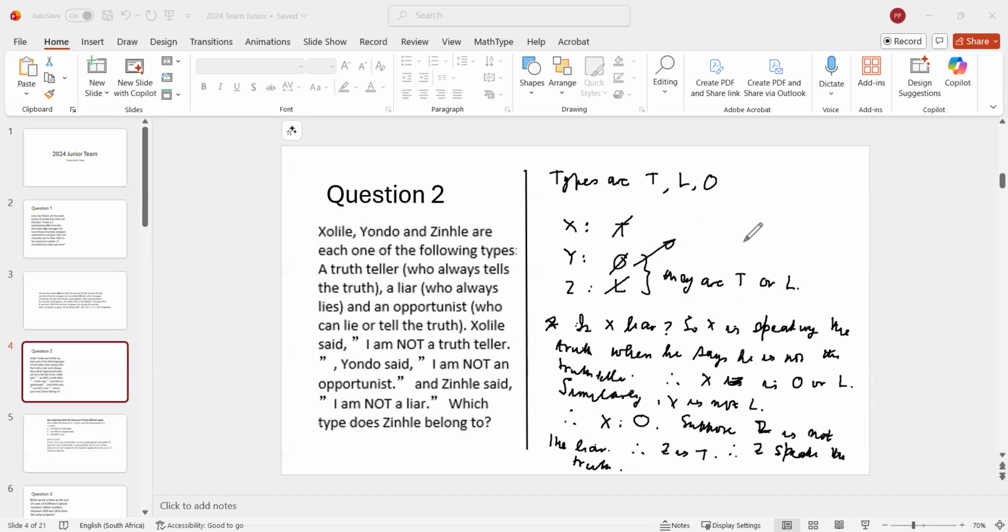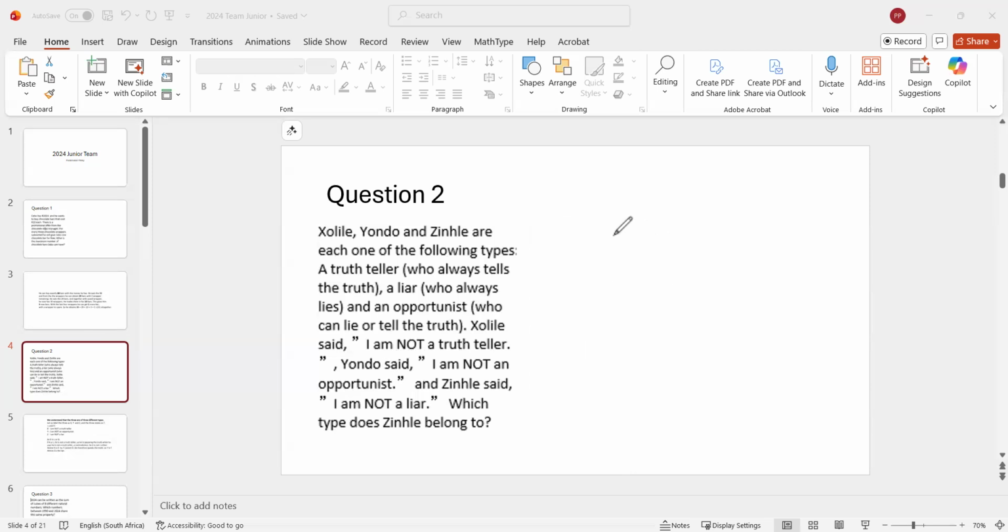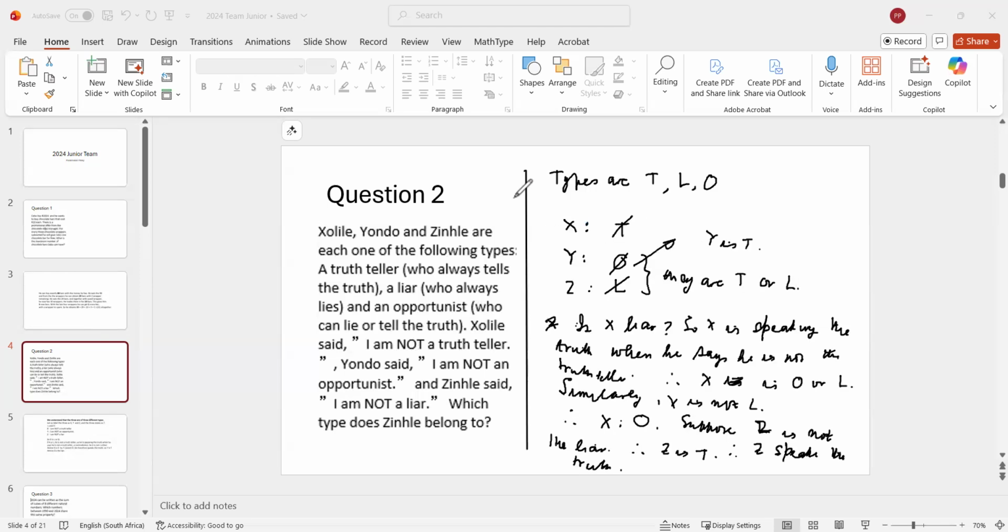So Y is speaking the truth. And therefore, Z is actually the liar. Contrary to, oh God. Oh, thank God I can get this back. So if he is the truth, then Z has to be the liar. And if he says I'm not a liar, then he's lying.